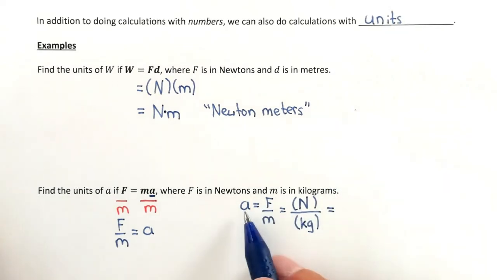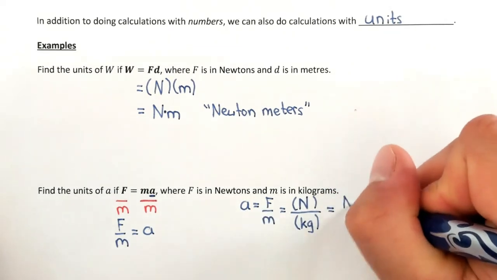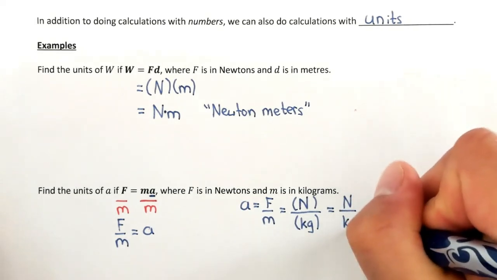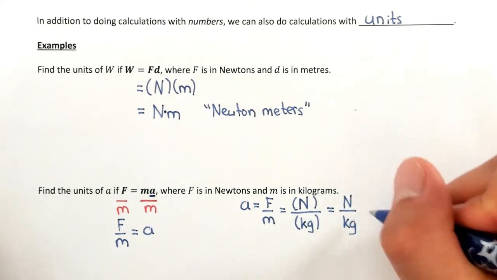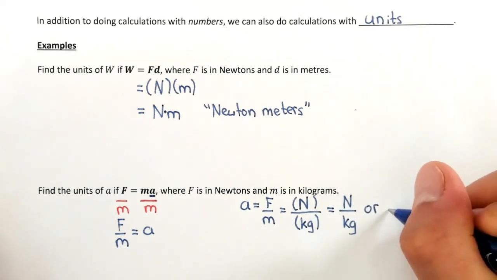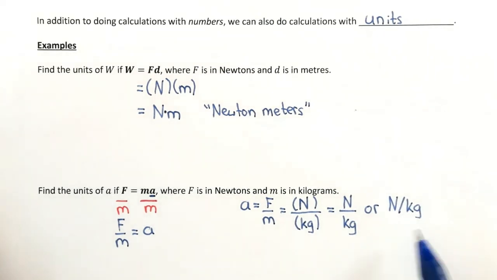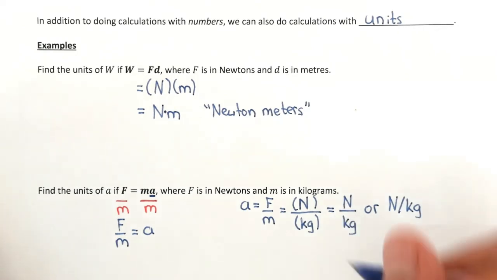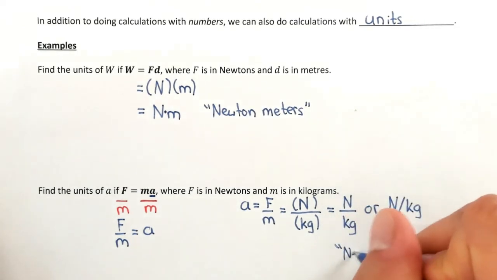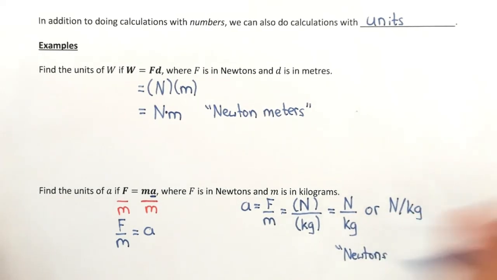So the units of a are going to be newtons divided by kilograms, which we would sometimes write as, if we're doing units, rather than doing a fraction, sometimes we'll just do a slash. And this is pronounced newtons per kilogram. This one is per because we are dividing. And that is our algebra review.